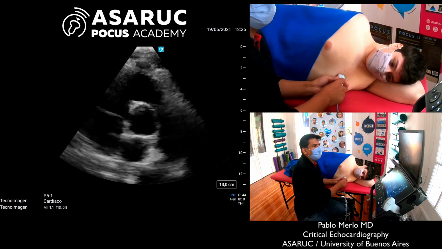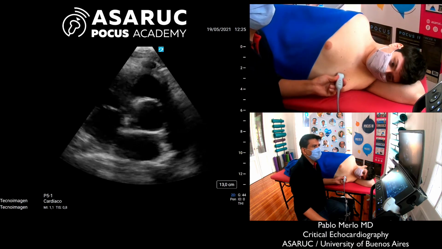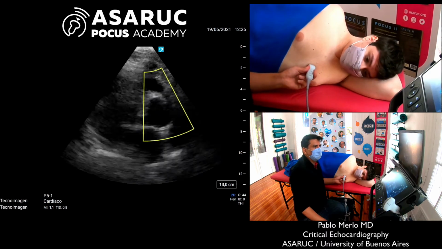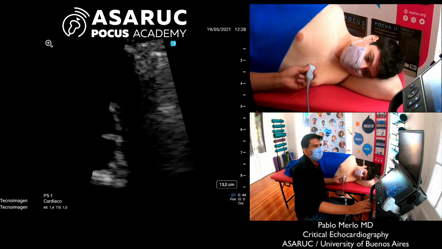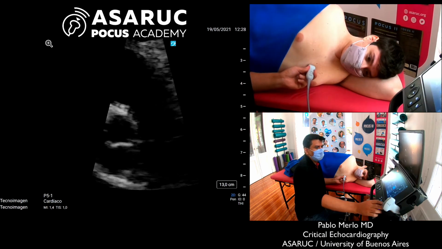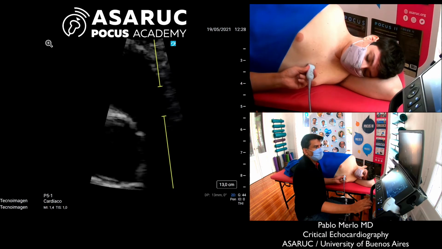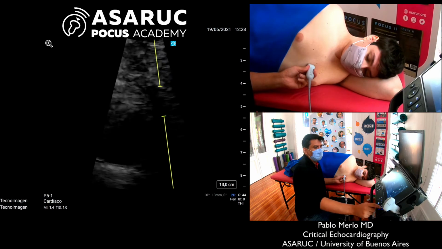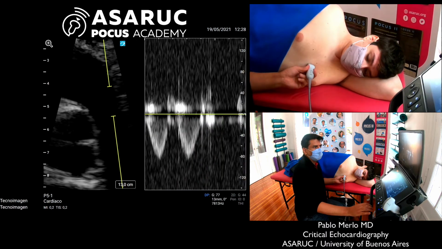Above it, we can see the left ventricular outflow tract. Let's zoom in over the pulmonary valve. We can thus see the left ventricular outflow tract by using pulsed wave Doppler over the pulmonary valve plane. Furthermore, we can see the pulmonary valve flow velocity pattern.